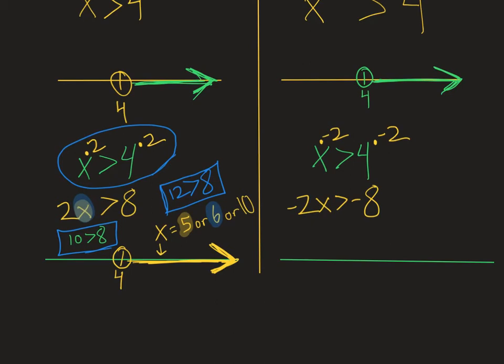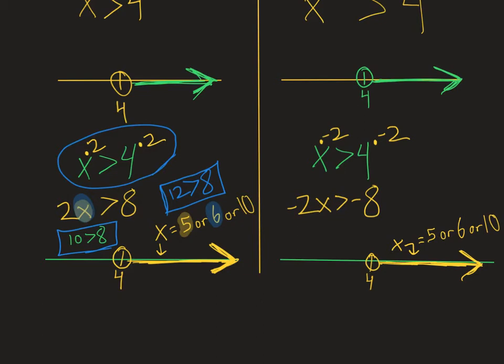Okay. Let me graph this guy real quick. So our original equation was x greater than 4. So what we want to know is it still true with some of the original solution values, everything on this arrow? So again, 5 or 6 or 10, anything greater than 4 should make the original equation true.